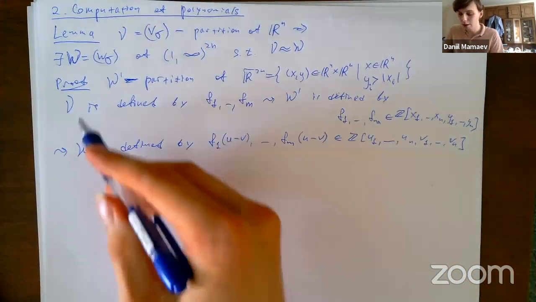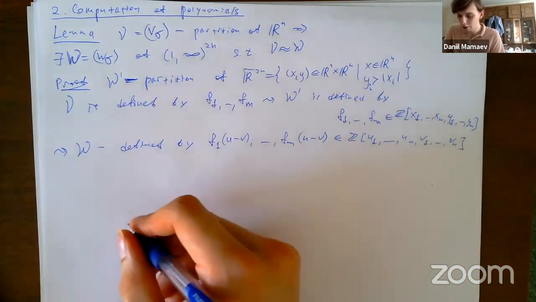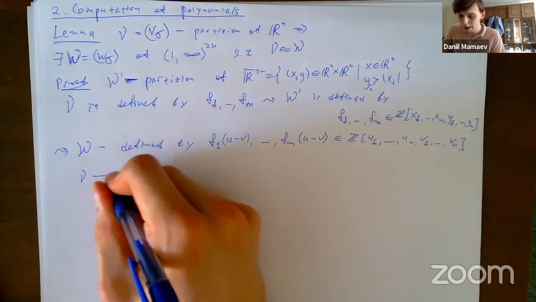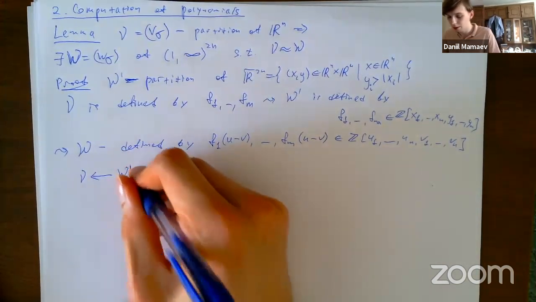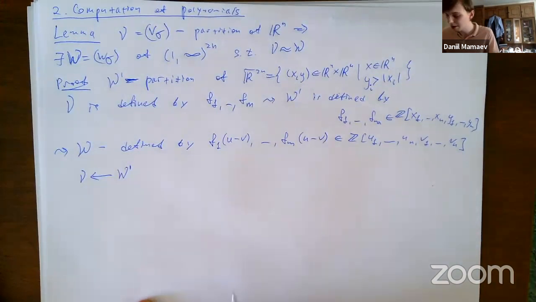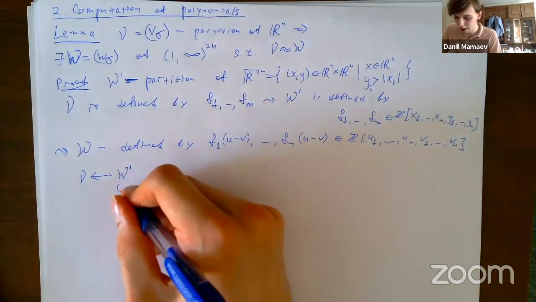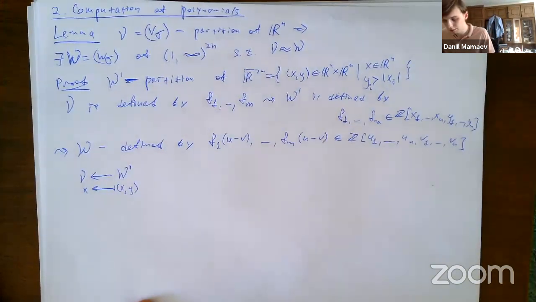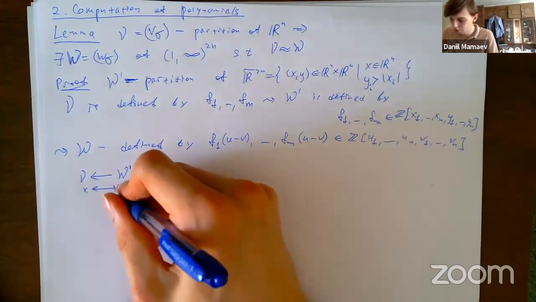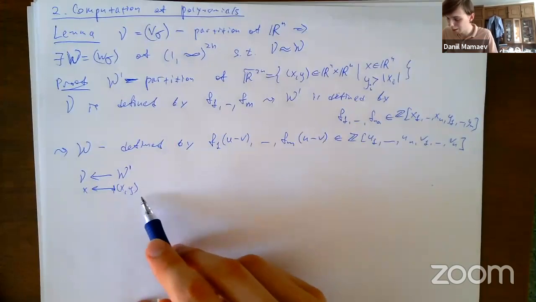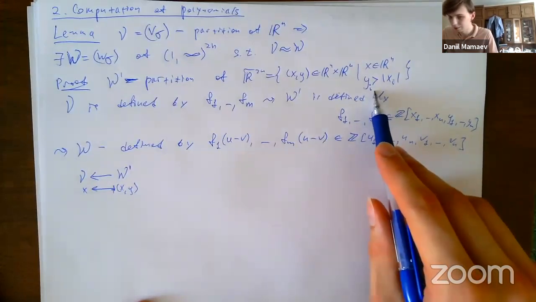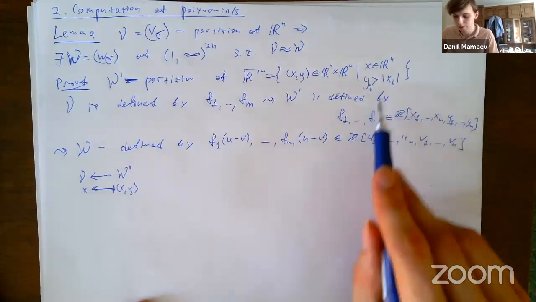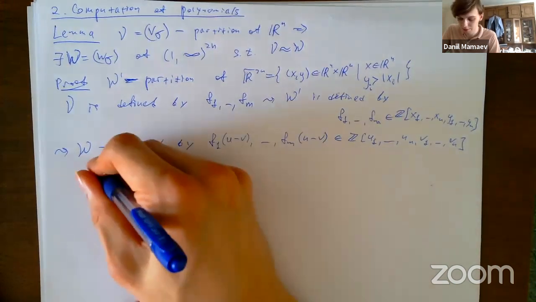We have our partition, and the partition W prime maps to it just by sending (x, y) to x. Each fiber is defined by these equations, so it's a stable projection.